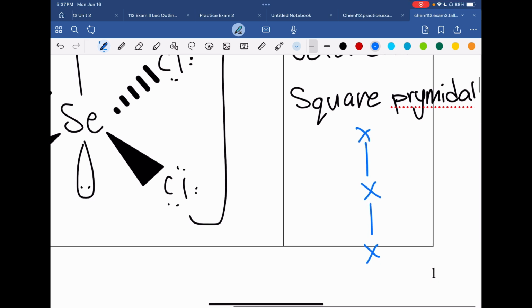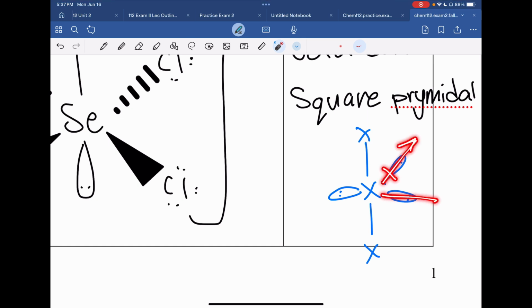Okay? It has lone pairs like this. Remember how I talked about polarity arrows? It's the same thing with your lone pairs. So it has this polarity arrow, right? And the vector of these two arrows simply point in the middle, right?